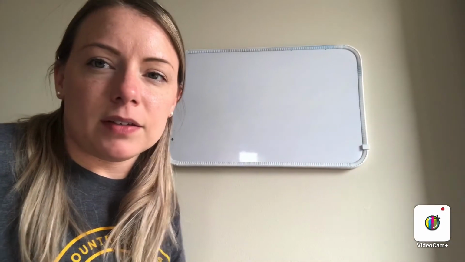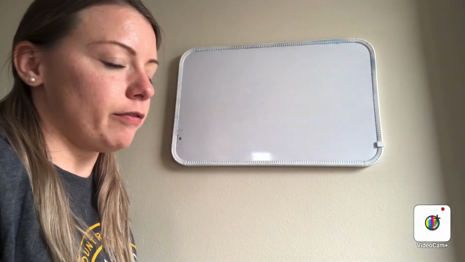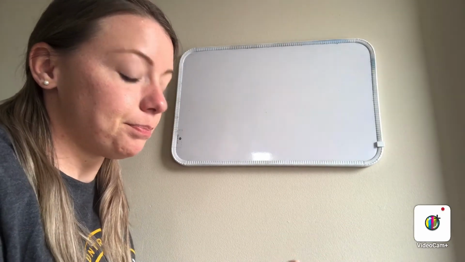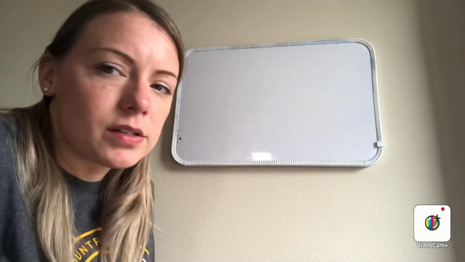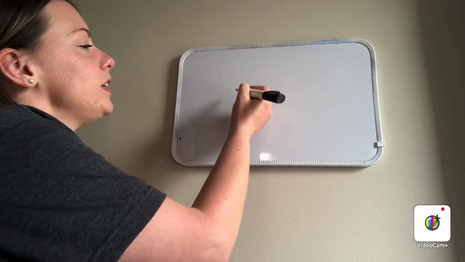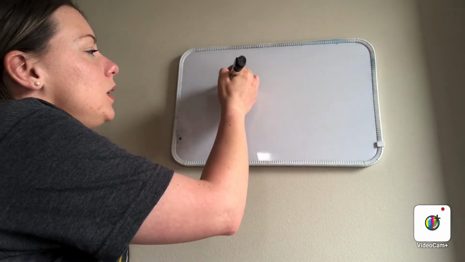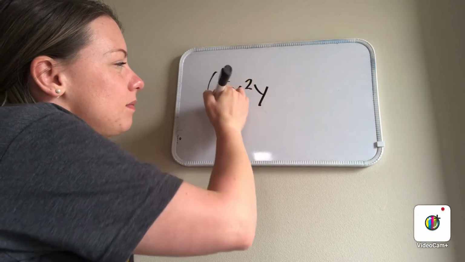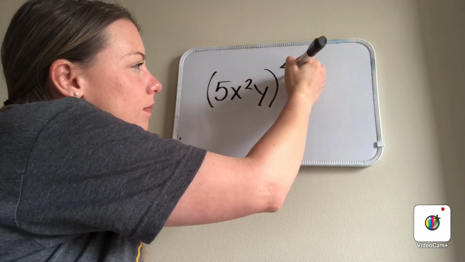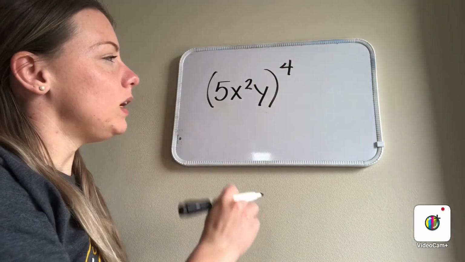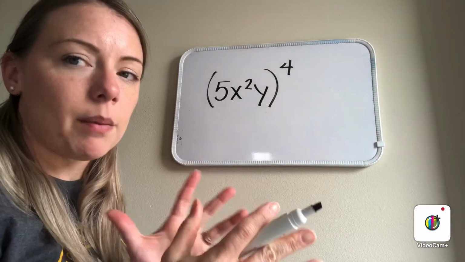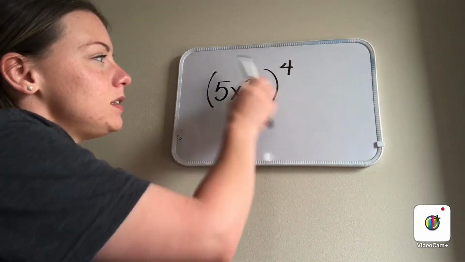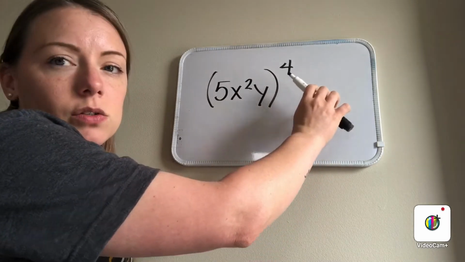All right, so before we left, let me get a little closer to that board. We were talking about power of product, or also power of powers. So for instance, if I gave you this problem, we know that it's a power of something because we have something raised to a power.